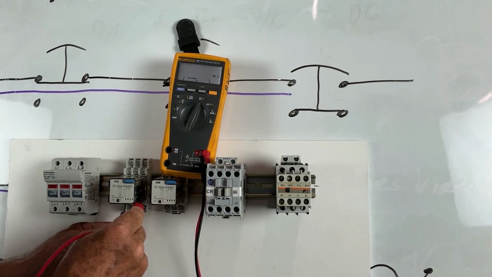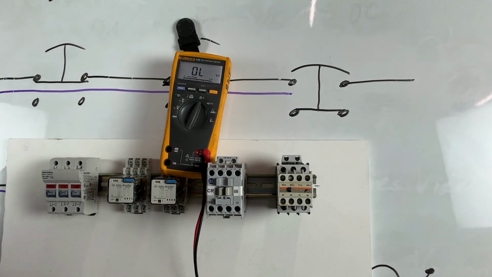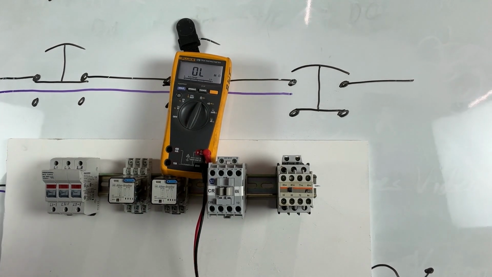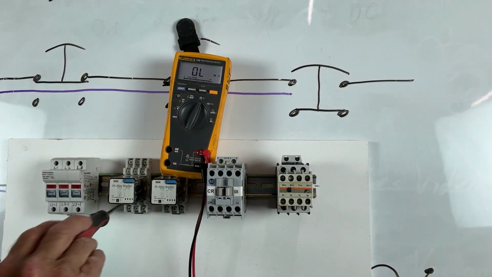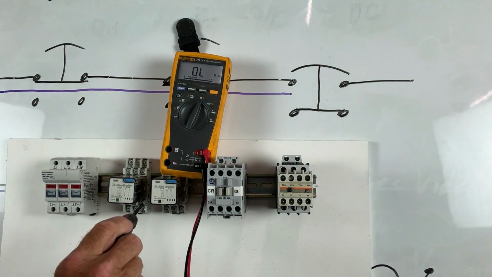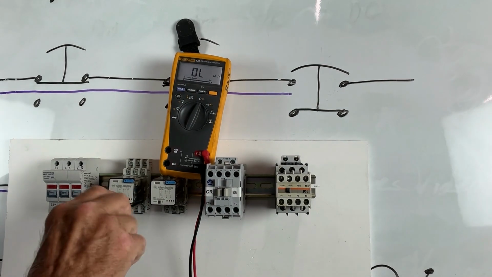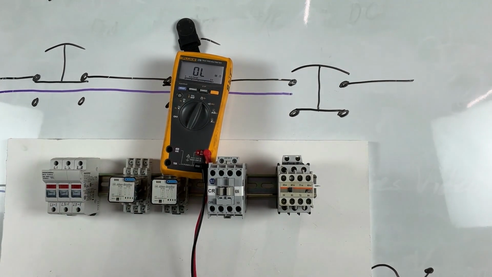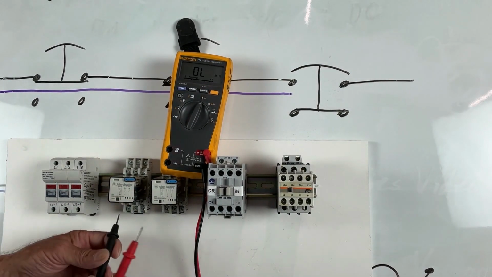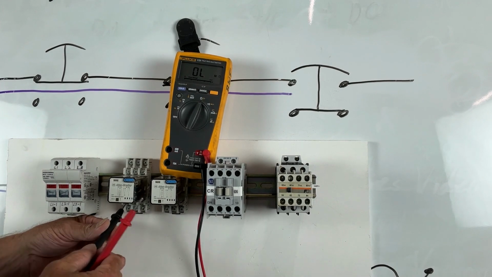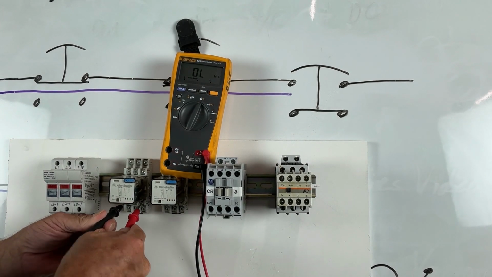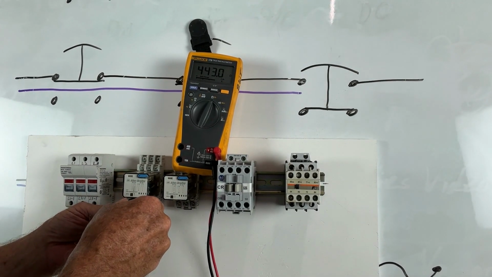Now that's telling one of two things: we either have a bad connection or we have a bad coil. So the first thing you would want to do is make sure your terminals are good and tight, because that could actually be the issue right off the bat. So let's see if by tightening up the terminals, measuring our continuity or our resistance helps us find a problem. And yes, it did.